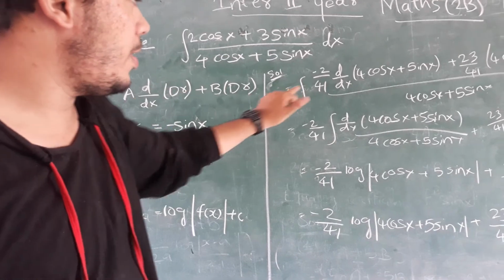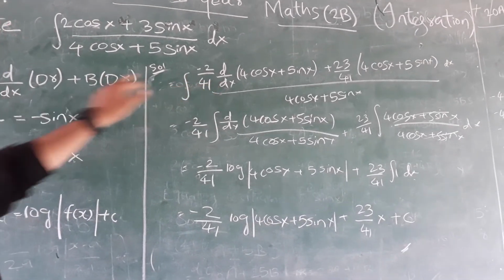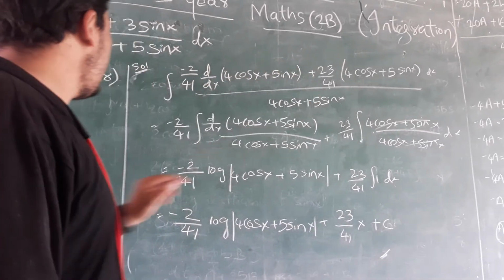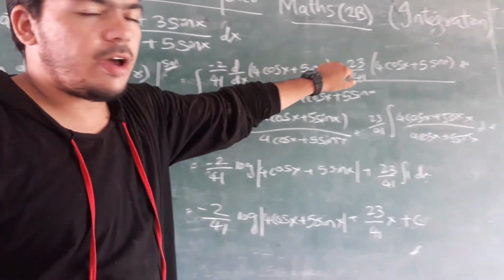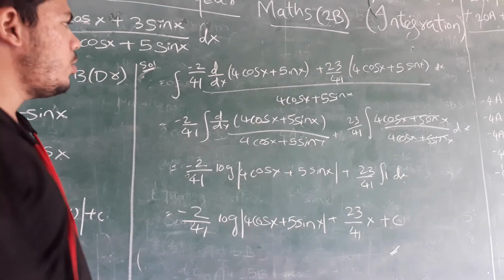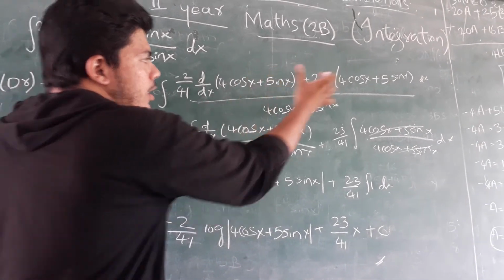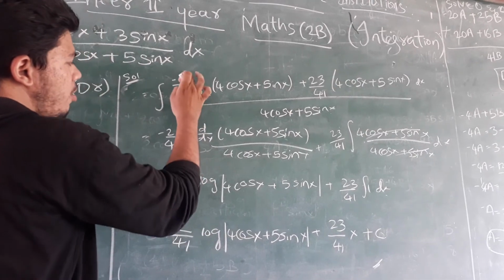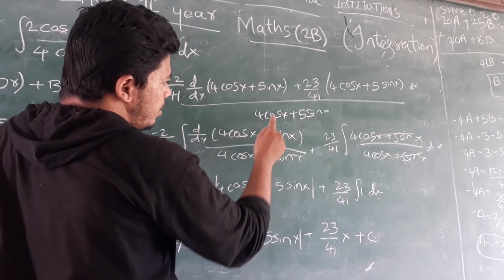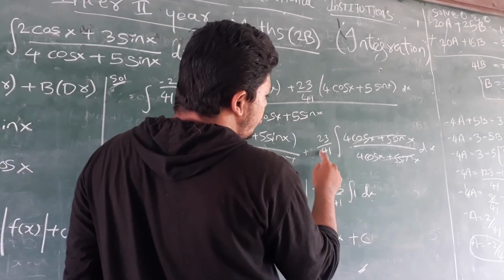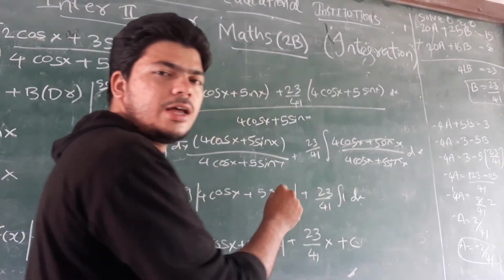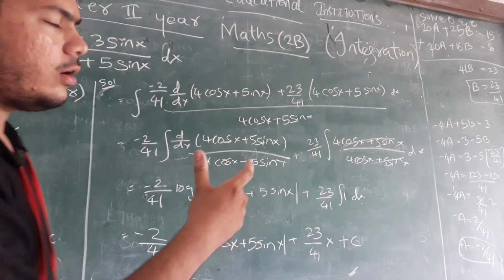So a is minus 2 by 41 times d by dx of the denominator, plus b, 23 by 41, times the denominator, all over the denominator. Now we separate the denominator for each term, keeping the constants outside. We only divided the expression into two parts.